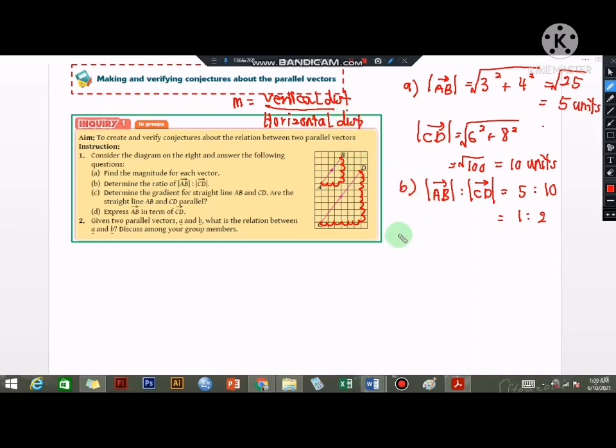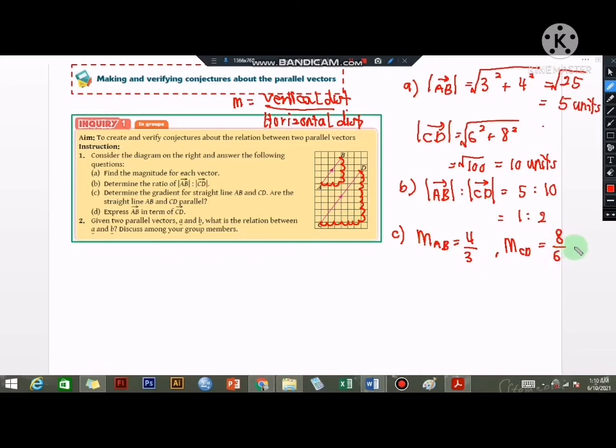So let's find the gradient. Gradient of AB is equal to vertical distance 1, 2, 3, 4, so 4, over horizontal distance 1, 2, 3, so 3. So we know that the gradient of AB is equal to 4 over 3. Now let's look at the gradient for CD. 1, 2, 3, 4, 5, 6, 7, 8 for the vertical distance, 8 over 1, 2, 3, 4, 5 and 6.